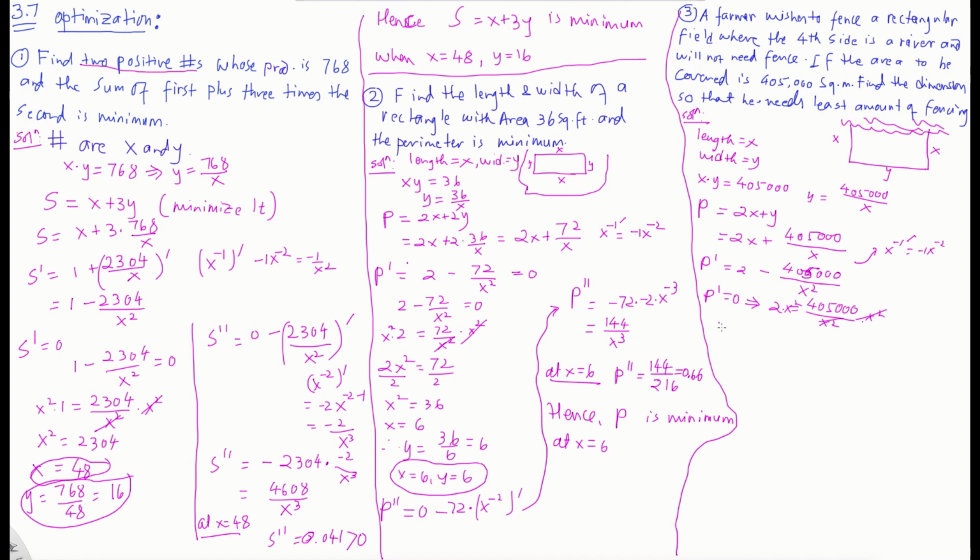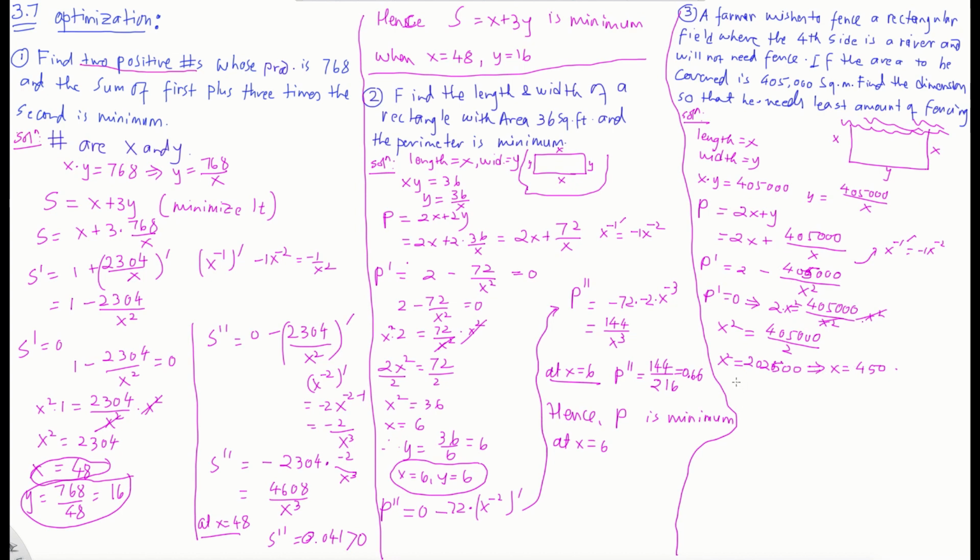So x squared equals 405,000 divided by 2. So what do you get? 202,500. That's what you get. If you take the square root, this implies x equals 450. That's what we got for x.